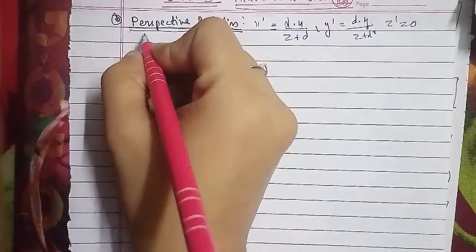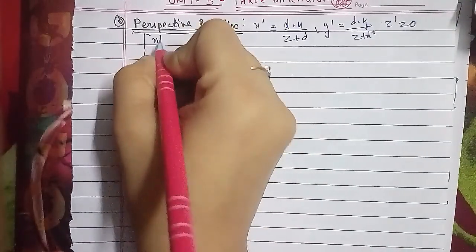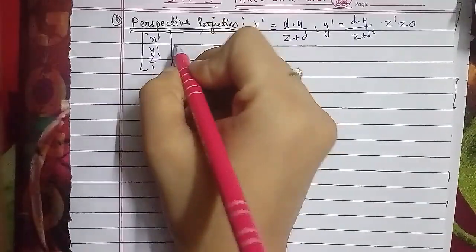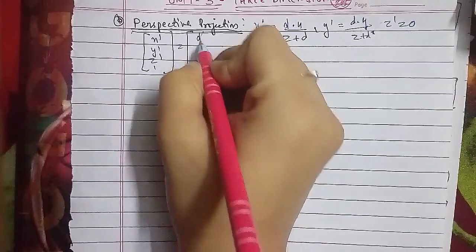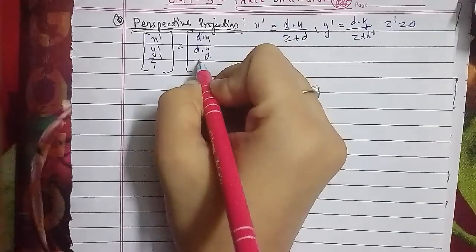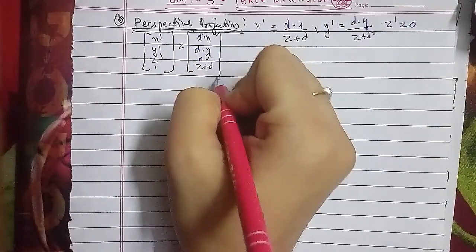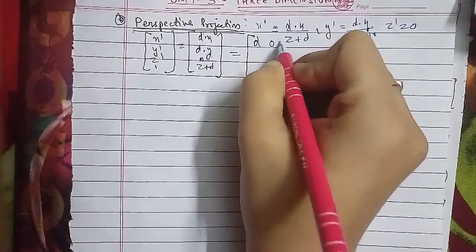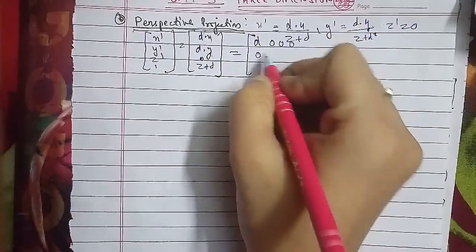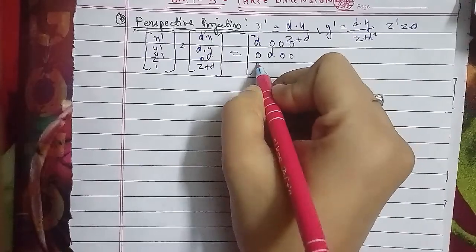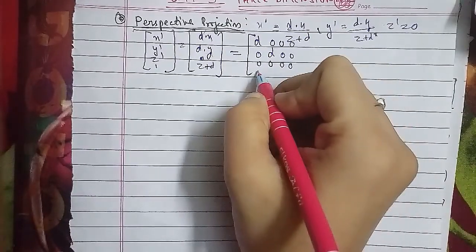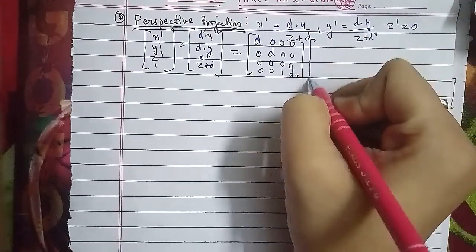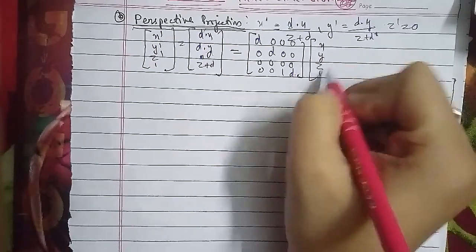Here x dash, y dash, z dash and 1, which equals d x, d y, 0 and z plus d, equals the matrix with rows (d, 0, 0, 0), (0, d, 0, 0), (0, 0, 0, 0) and (0, 0, 1, d), multiplied by x, y, z, 1.